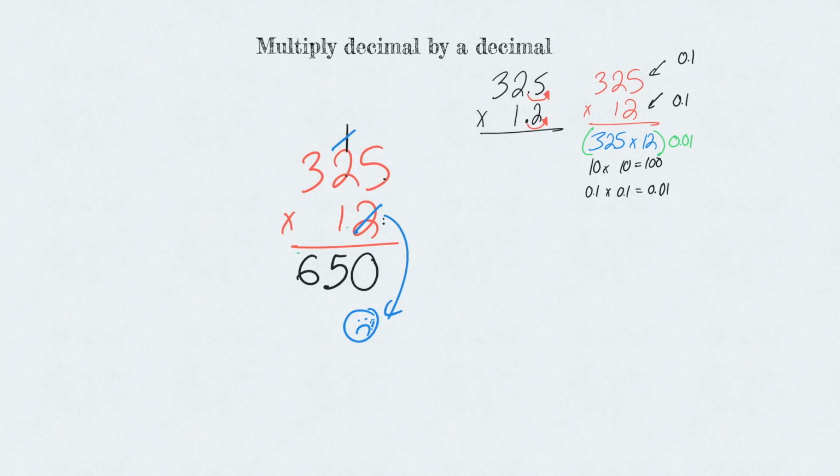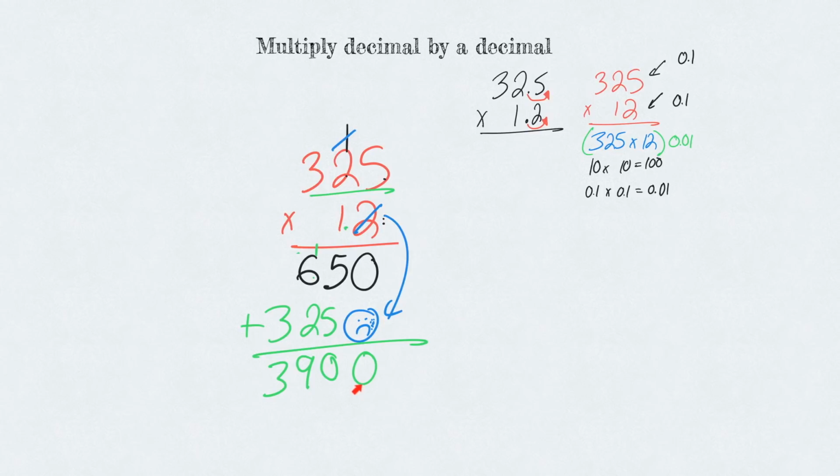So now we take 1 times 325 is 325. Add those partial products. We get 0, 10, regroup. 2 plus 6 is 8, plus 1 is 9, and 3. So we end up with this product of 3900.